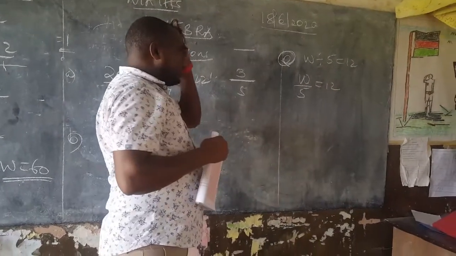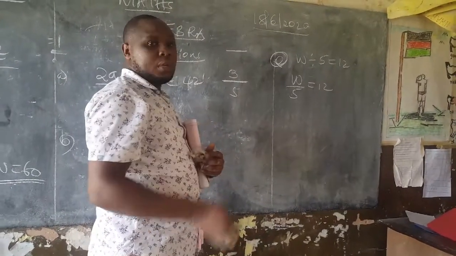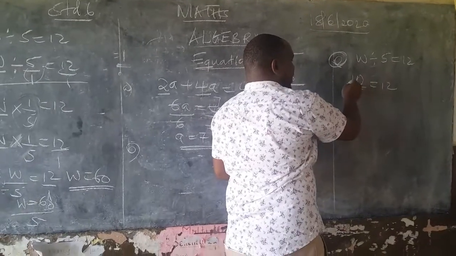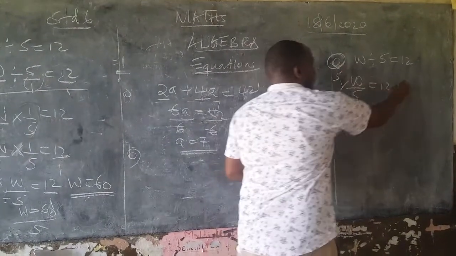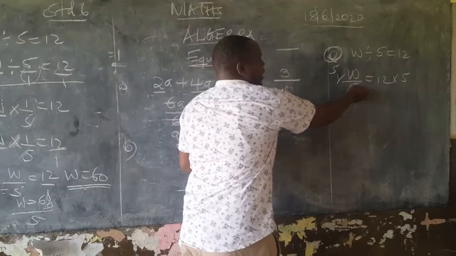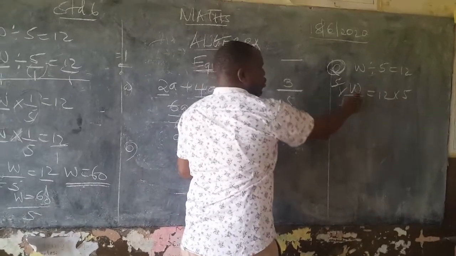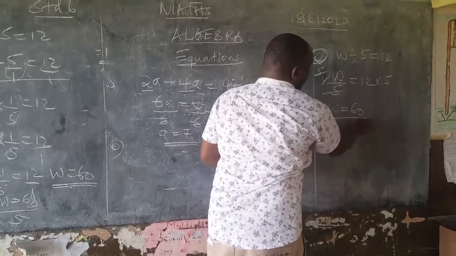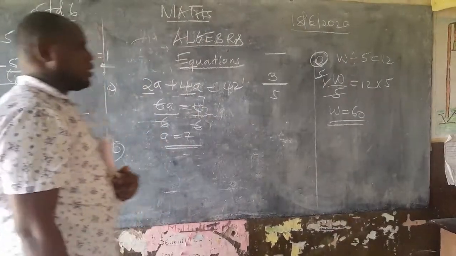From there, learner, we don't find the LCM. We multiply directly. So multiply both sides by the LCM. Multiply by 5, multiply by 5. So this 5 is going to cancel with this 5. You are going to remain with W is equal to 12 times 5, which is 60. So there are two ways of doing that question.